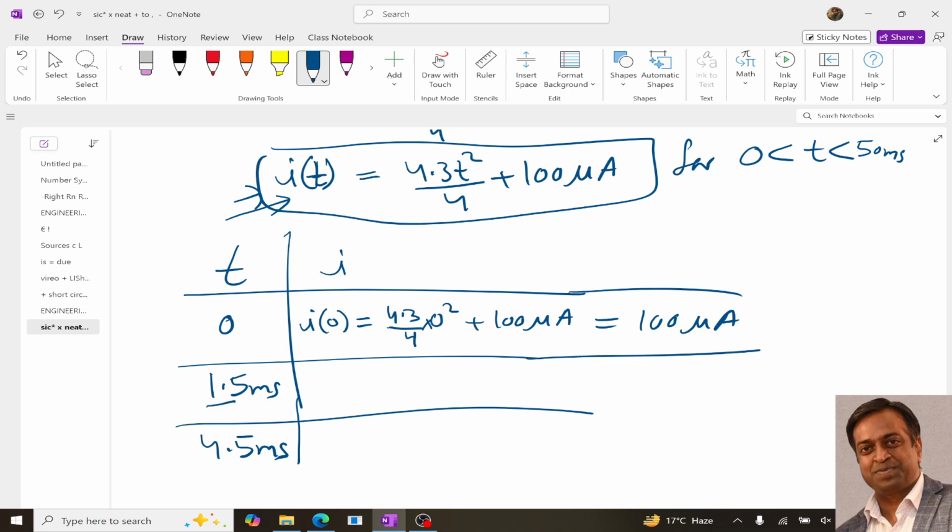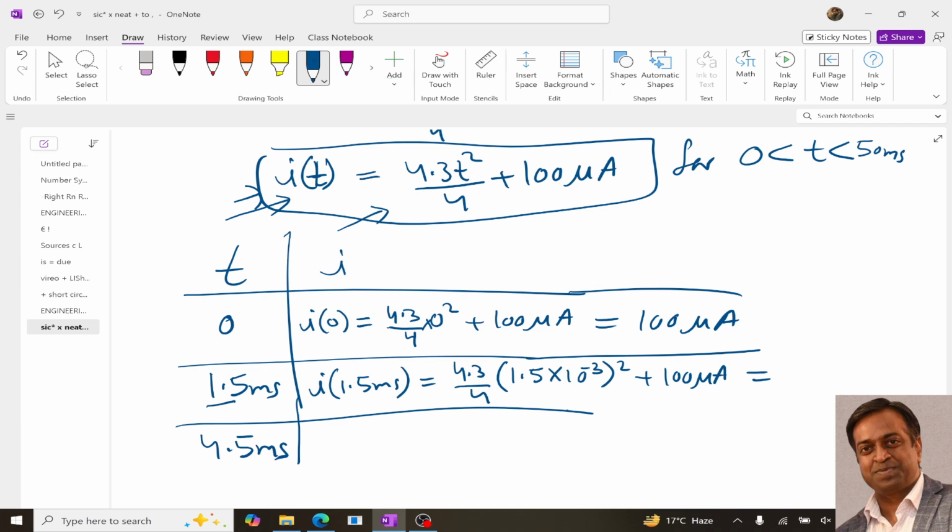At t equals 1.5 milliseconds, I(1.5 ms) will be, substituting 1.5 milliseconds, 4.3 upon 4 times (1.5 into 10 power minus 3) squared plus 100 microamperes.